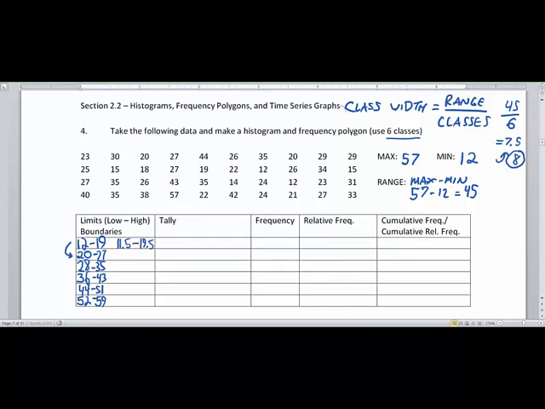So it's going down 0.5 and up 0.5, and this now becomes a boundary. Now you can choose one or the other, and I literally think you're going to be more successful choosing the limits. But again, I've seen books go from 11.5 to 19.5, and then you would do the same with 20 to 27. Go down a half step to 19.5, and go up a half step to 27.5.